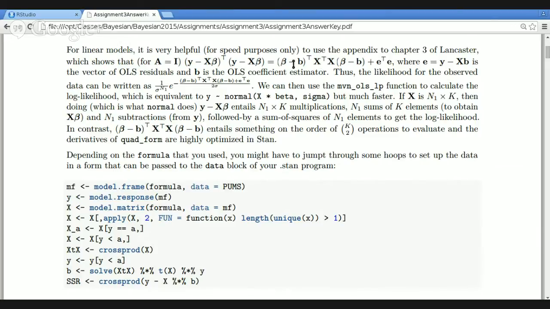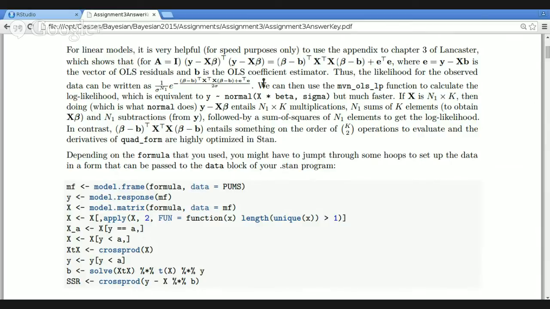So in this form, the number of derivatives to keep track of is on the order of K choose 2 rather than on the order of n. So for a situation like this, it's much more efficient to use this form.